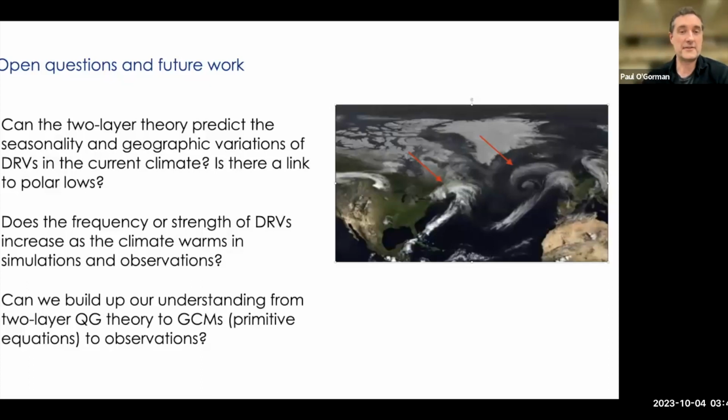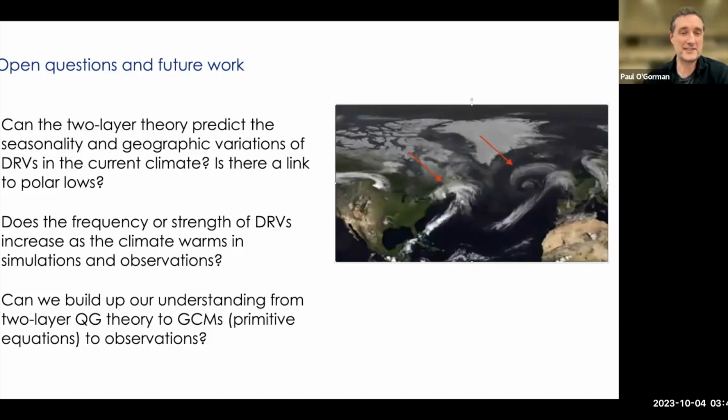So can we use this kind of theory to predict seasonality, geographic variation, and climate change variation of diabatic Rossby vortices? And one interesting question is, is there a link to polar lows? Some polar lows look like moist baroclinic instability, not all. And so that could be an interesting thing to look at also.